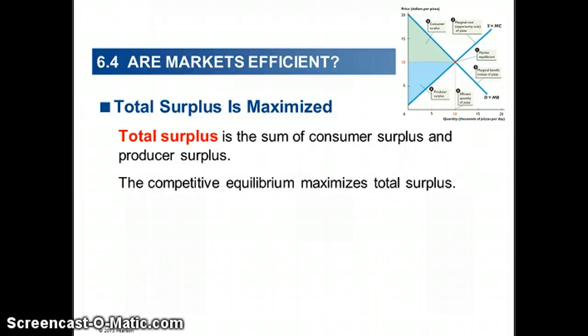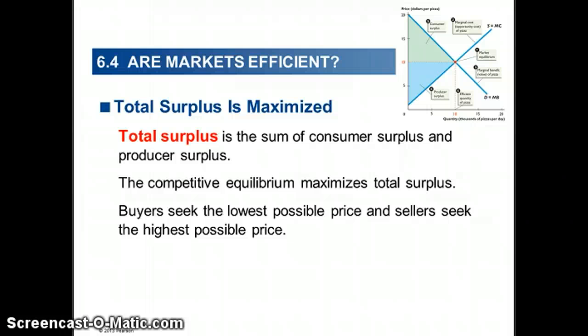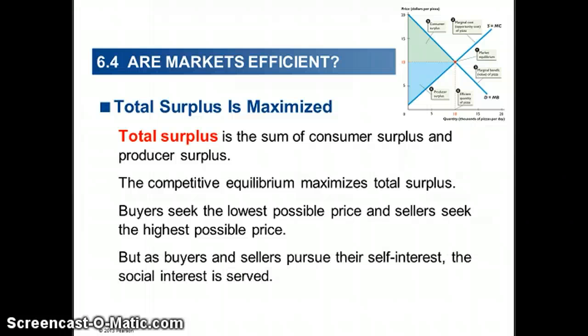The competitive equilibrium maximizes total surplus. Buyers seek the lowest possible price and sellers seek the highest possible price. But as buyers and sellers pursue their self-interest, the social interest is served, and that is the invisible hand. Remember Adam Smith?